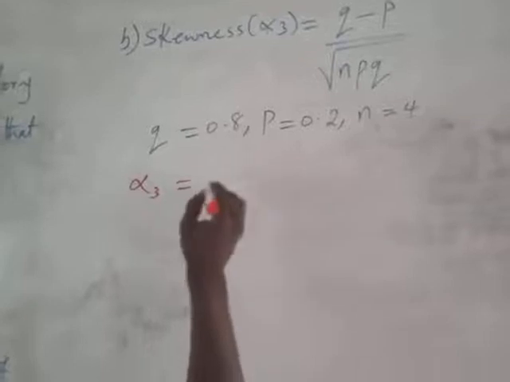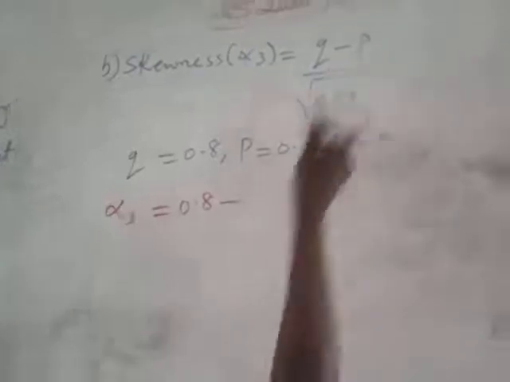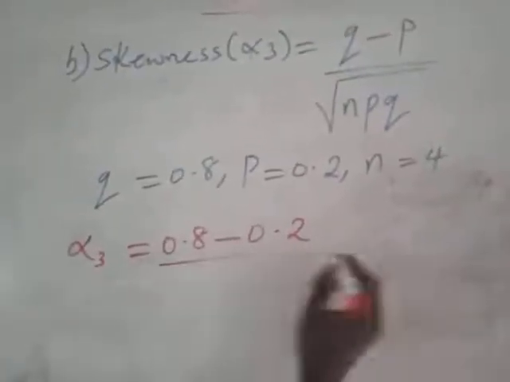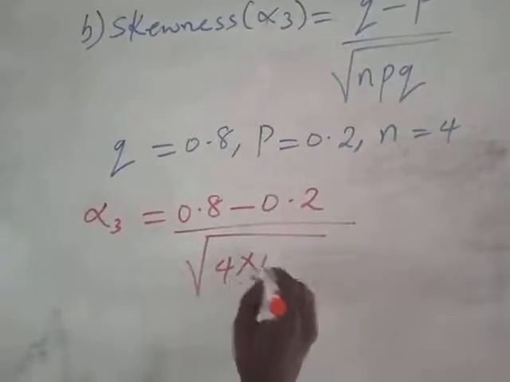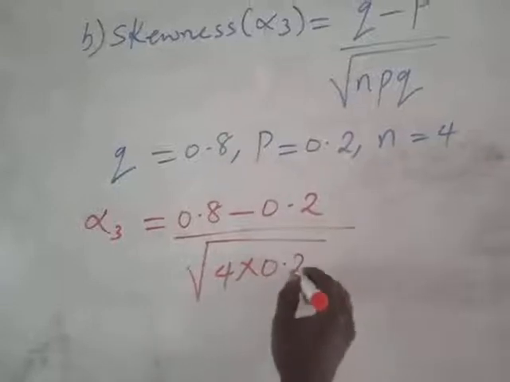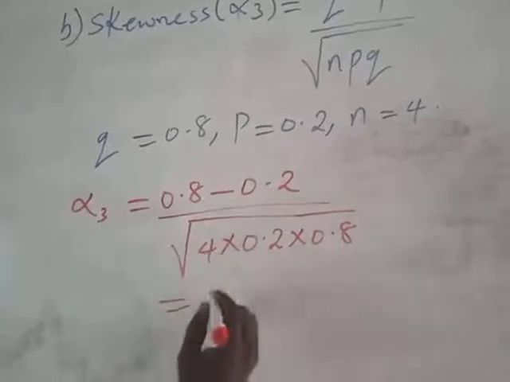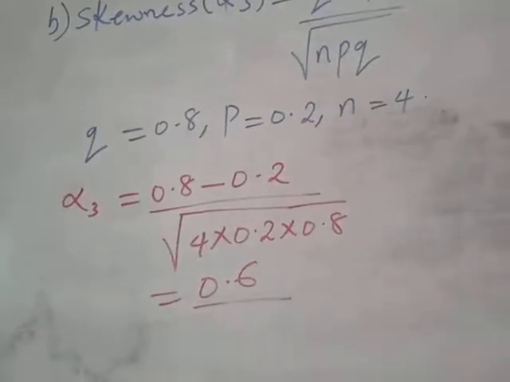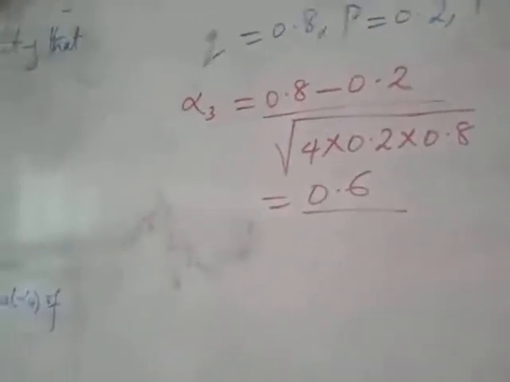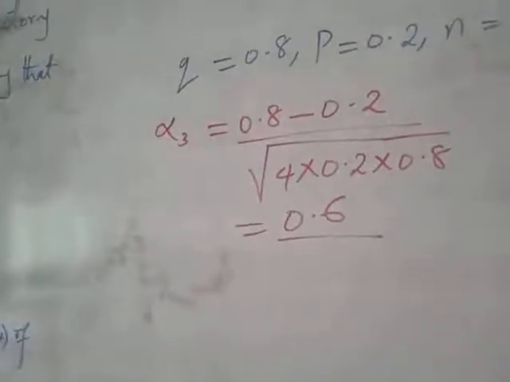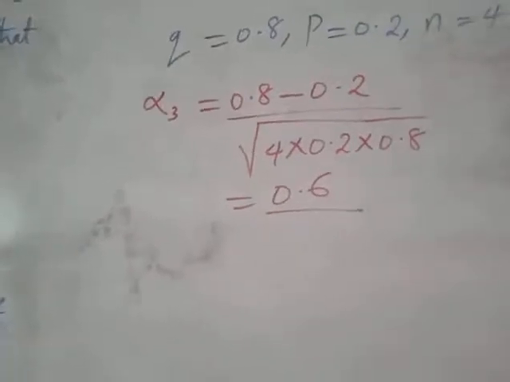So let's substitute now. Alpha 3 equal to q. Our q is 0.8 minus 0.2 all over square root of n, which is 4, times 0.2 times 0.8. So when you subtract this, it will be 0.6 all over the square root of 4 times 0.2 times 0.8, which is 0.64.